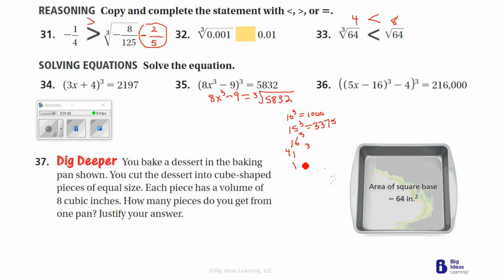Okay, so 18 times 18 will be, see, this would be 64. We got the 6. This would be 8 plus 6 is 14. Then we'll have 18 over here with a 0.